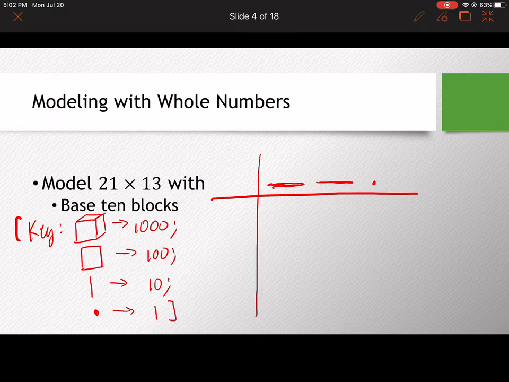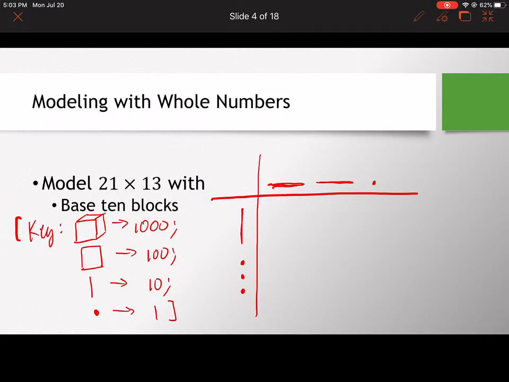The 13 will have a rod this way and 3 ones going down this way, the vertical dimension. We're going to fill in the product by bringing the horizontal dimension down and the vertical dimension to the right, and looking at the intersection.